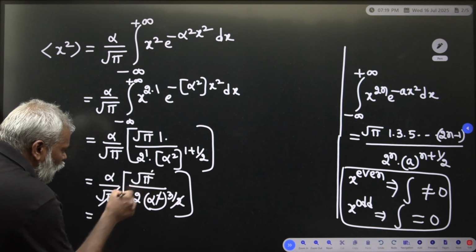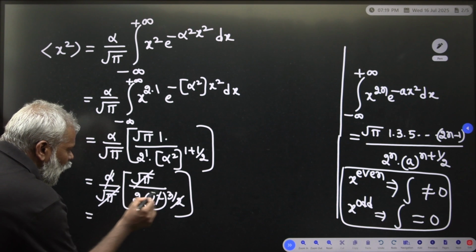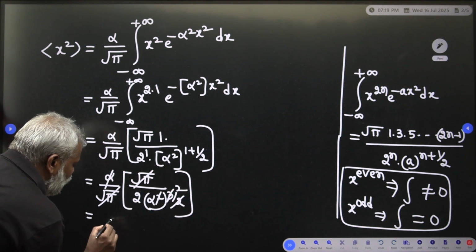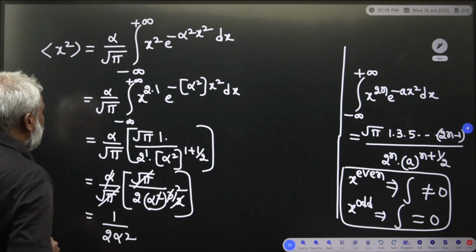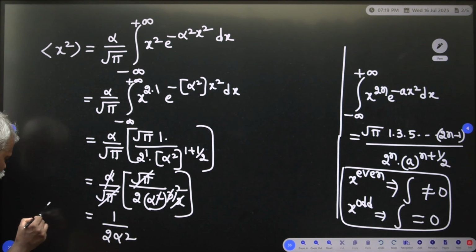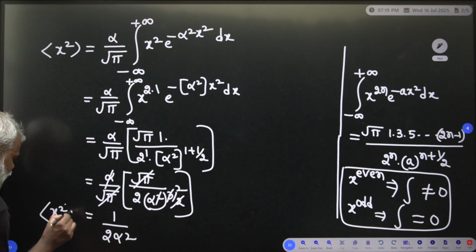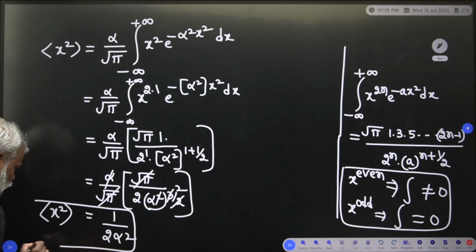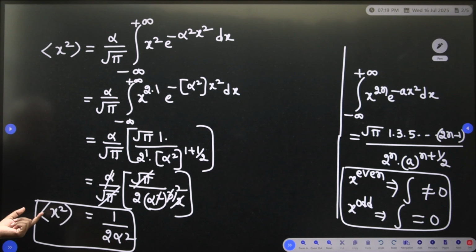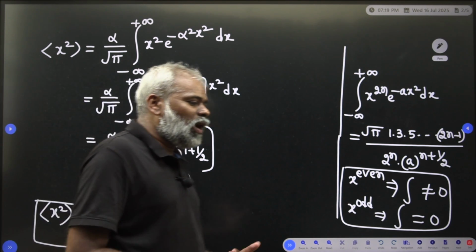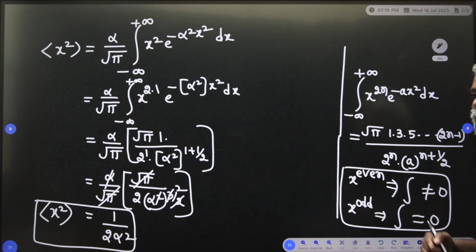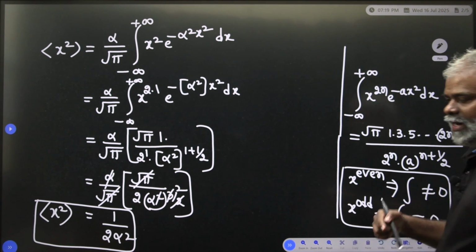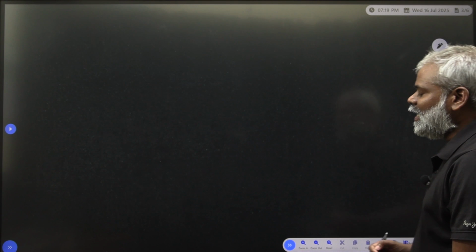Root pi, root pi also cancel, and one alpha square remains, so the whole thing is 1 by 2 alpha square. That is the expectation value of x square, which is equal to 1 by 2 alpha square. Clear?